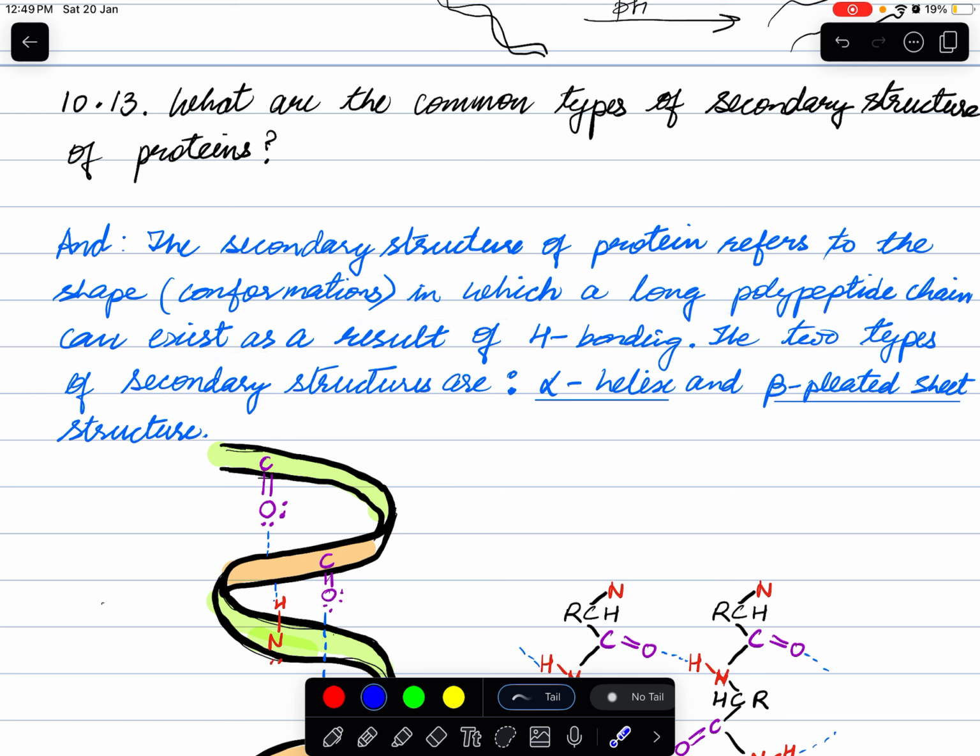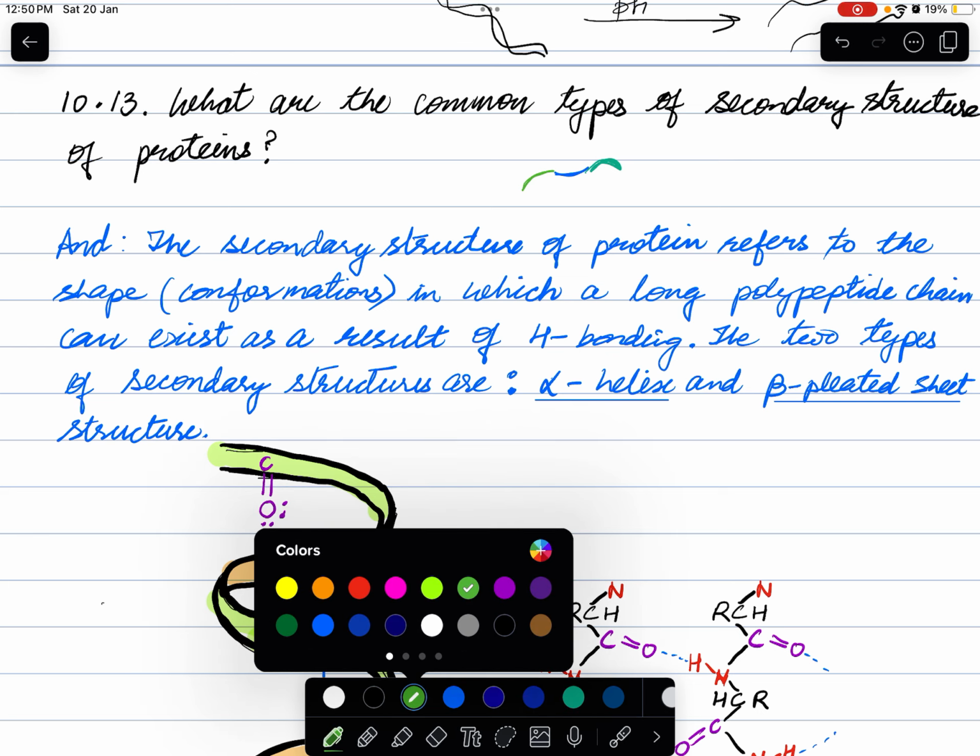Okay, so different amino acids join with each other. For example, if we show this arrangement like this, we have one amino acid. Then we have another amino acid connected with it. Then we have the third amino acid connected, and so on. We will continue the polypeptide chain.